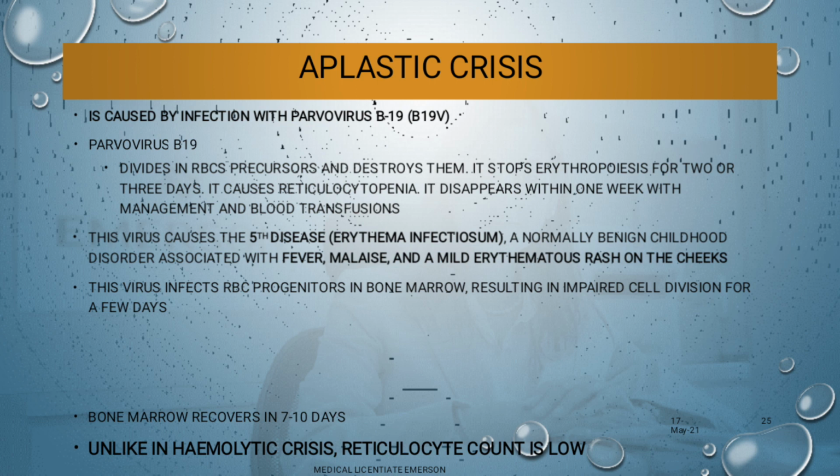So this virus infects red blood cell progenitors in bone marrow, resulting in impaired cell division for a few days, like we mentioned. And in healthy people, they experience a slight drop in hematocrit.